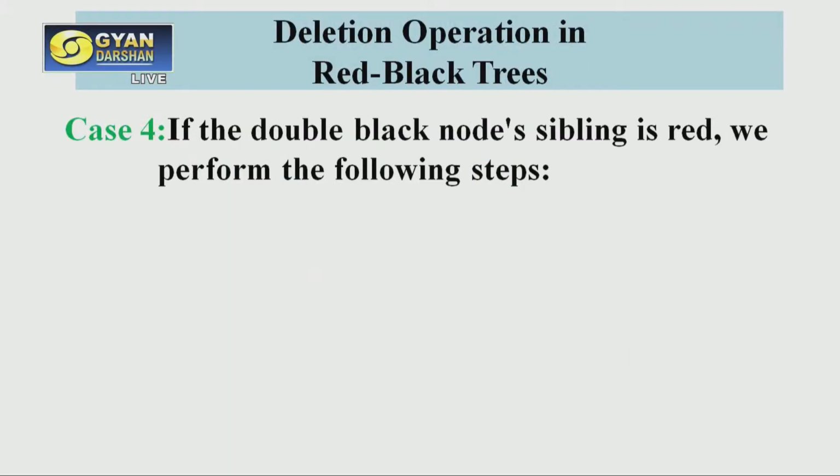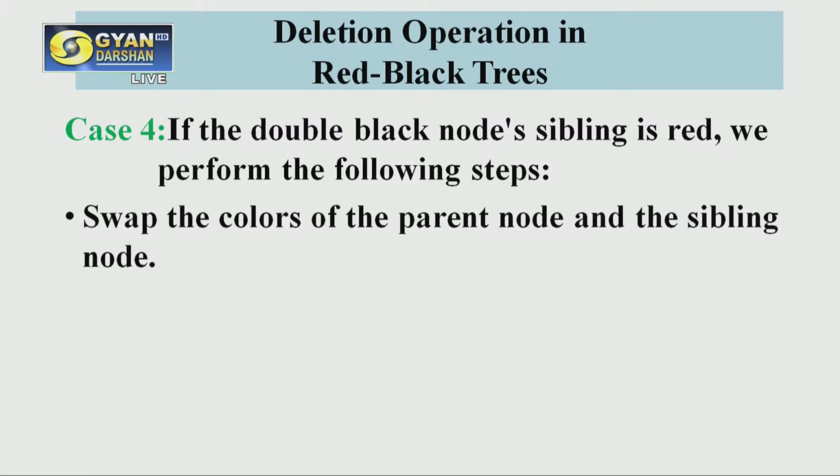Then case 4 is that if the double black node's sibling is red. Remember, the double black node's sibling means the parent is the same, but the sibling of the double black is red. What we do in that case, we perform the following steps. Swap the color of the parent node and the sibling node.